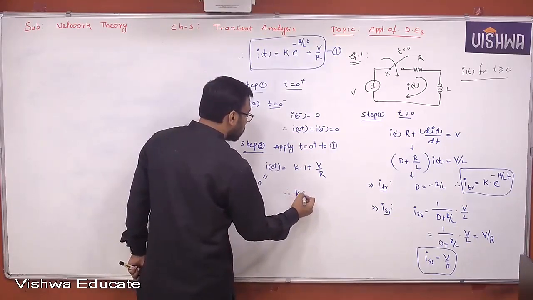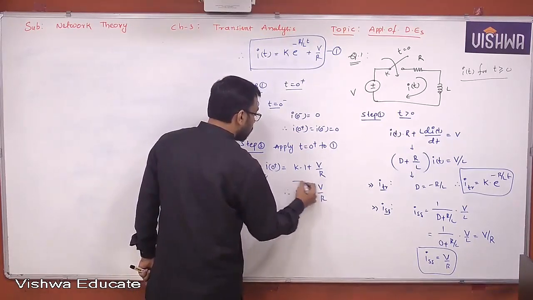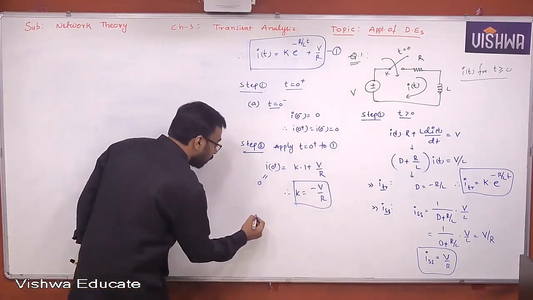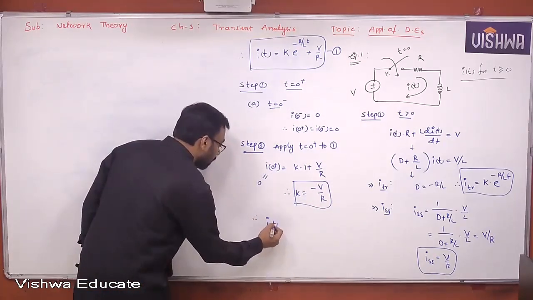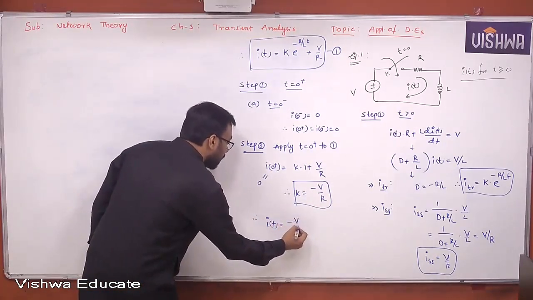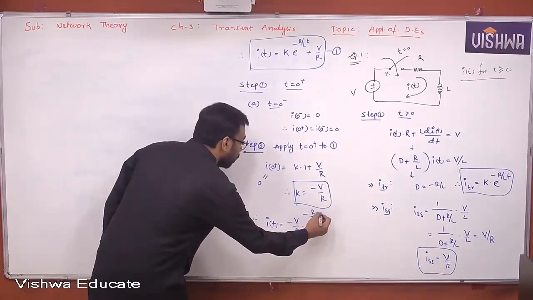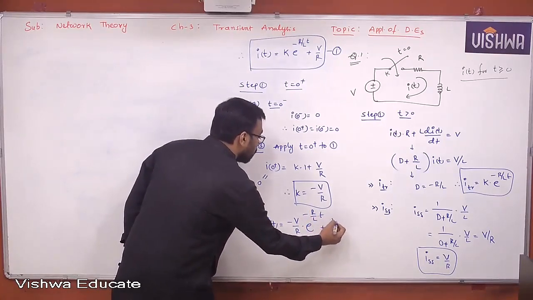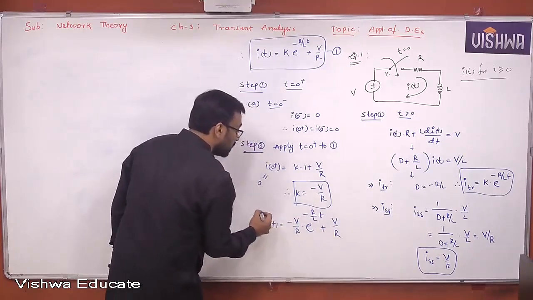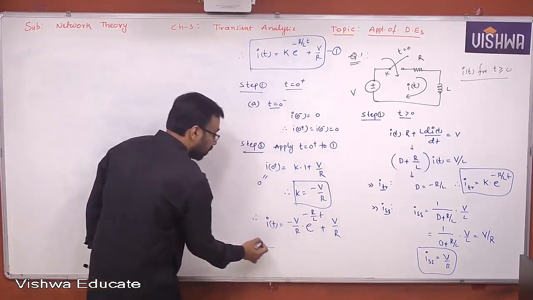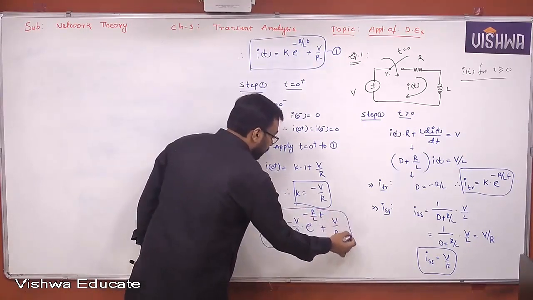Therefore, K is equal to minus V by R. Understand? Therefore, now the complete solution will become minus V by R into e power minus R by L into t plus V by R. This is the complete response.